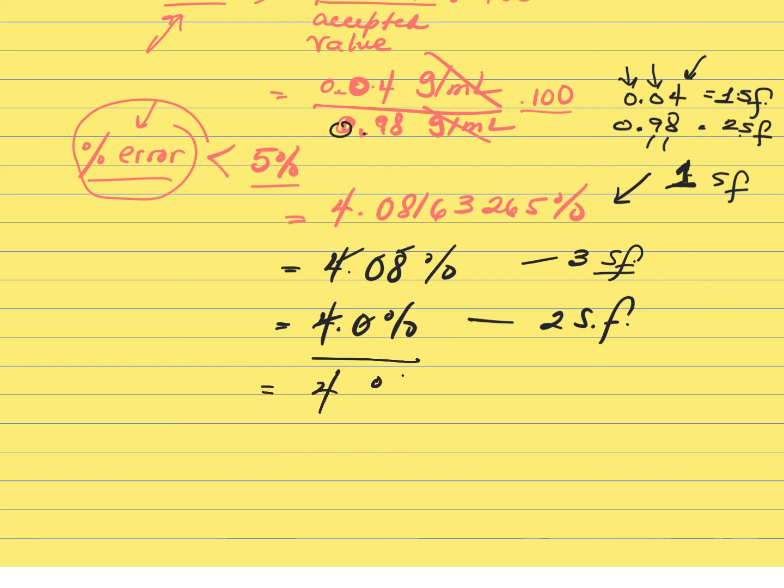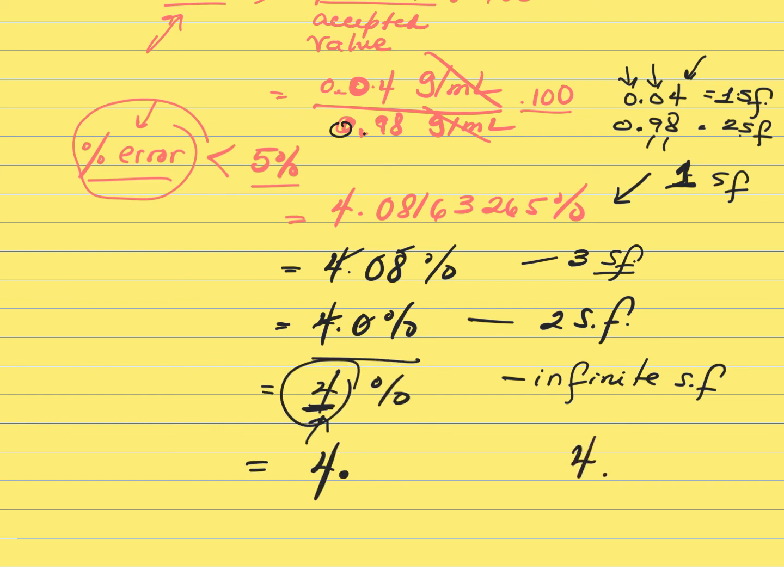If you look at the rules, this is a counting number that has infinite significant figures. So if I want to write my error with the correct amount of significant figures, this is the way that you're going to do this. 4 point, over here you have one significant figure, percent. This is your final answer.